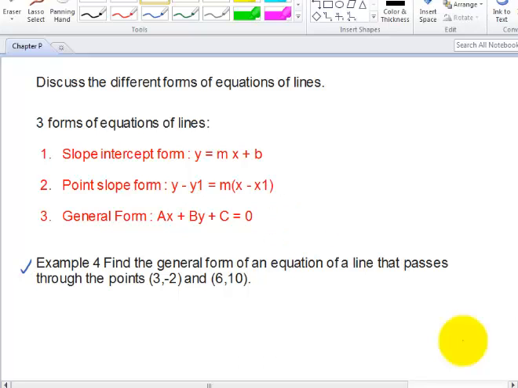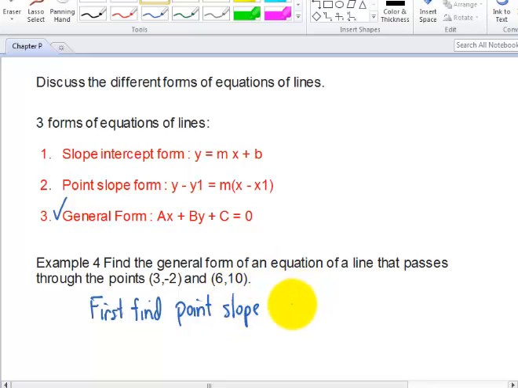Okay, well, we're back, and what we want to do is come up with a general form, as example 4 says, of an equation of a line that passes through 2 points. So whenever you see this, my strategy is to first find point slope form, and turn it into a general form.